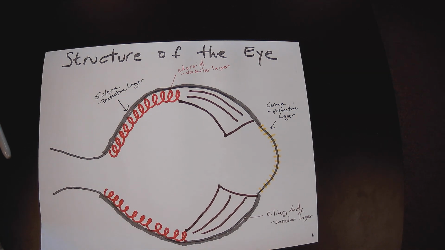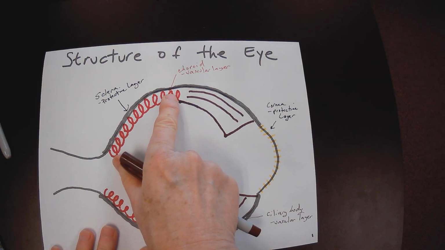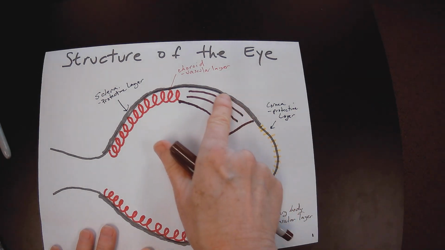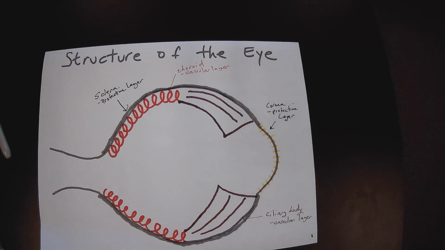Okay, so sclera and cornea, protective layers, and then underneath that you have your choroid. Choroid thickens as it comes anteriorly to become a muscle. That muscle is known as the ciliary body. The ciliary body is going to be responsible for changing the shape of the lens.